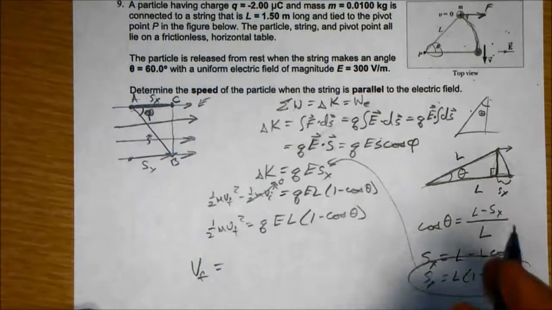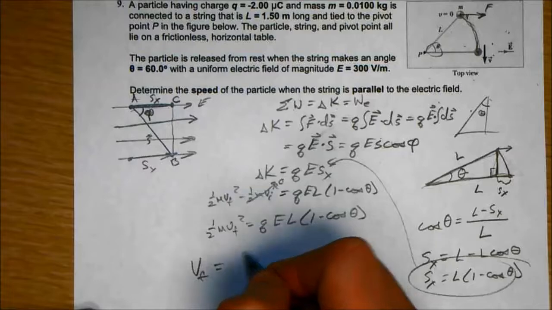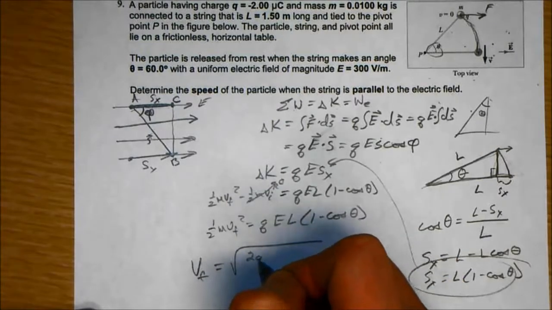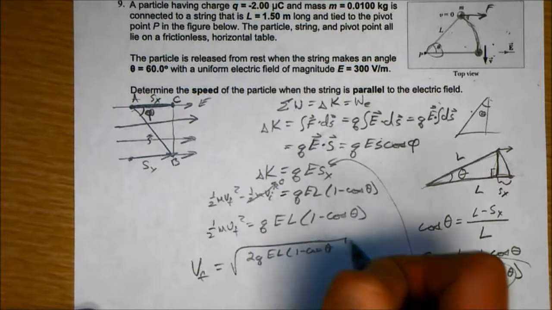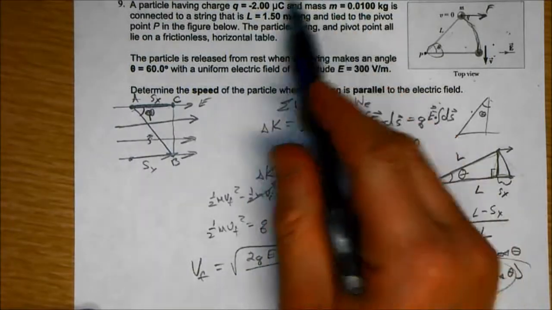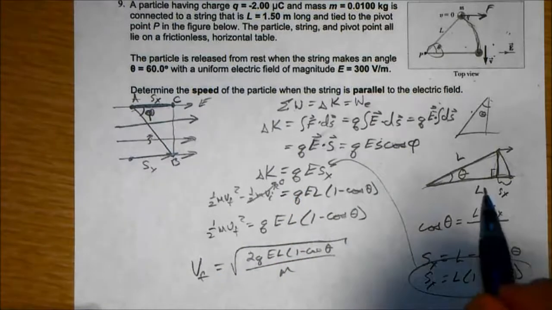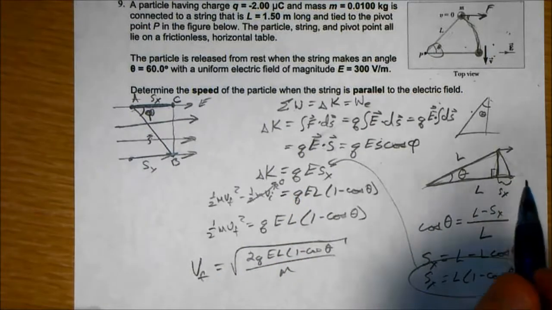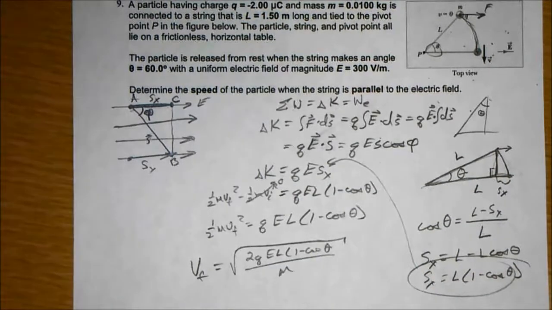So Vf is just the square root of 2 Q E L times 1 minus cosine of theta, over m. We're given L, we're given mass, we're given Q. And the Q here would be just the magnitude.